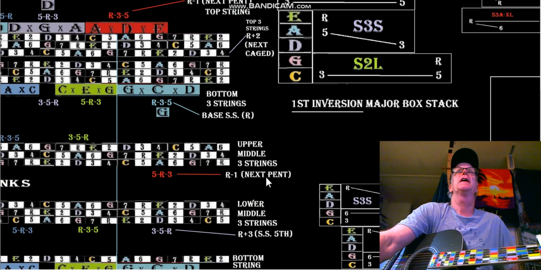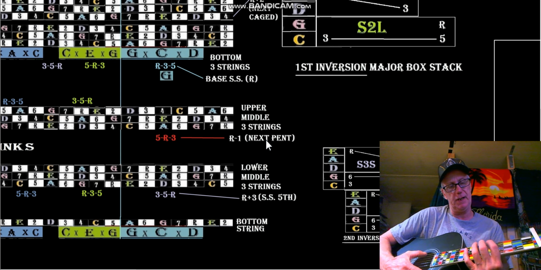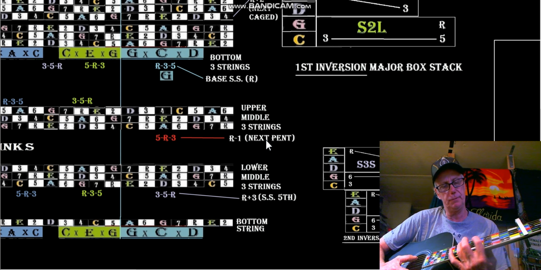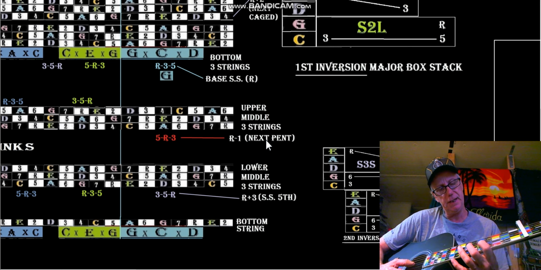That's going to be the next pentatonic, or R minus 1. Now, I thought we did R minus 1 already. So let's look at it. We've got root plus 3, root minus 1. The 4th string is going to be the next pentatonic, would it be, or what?